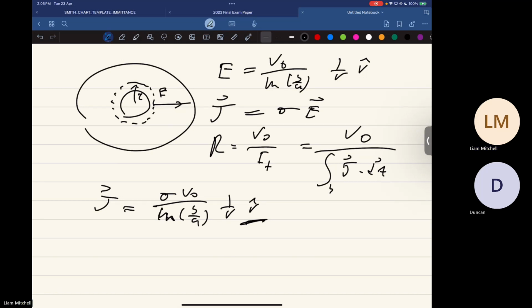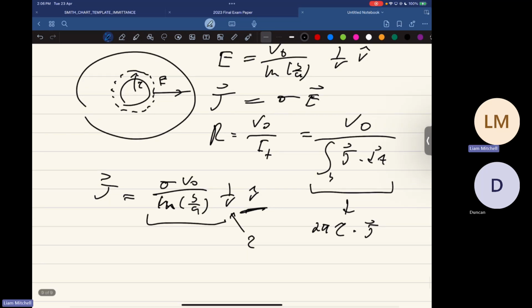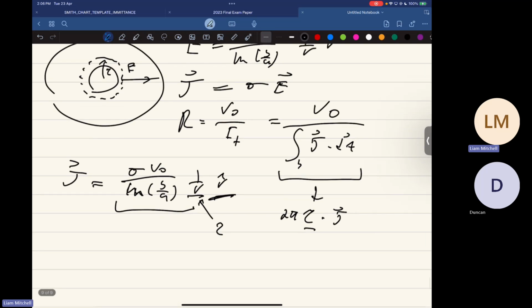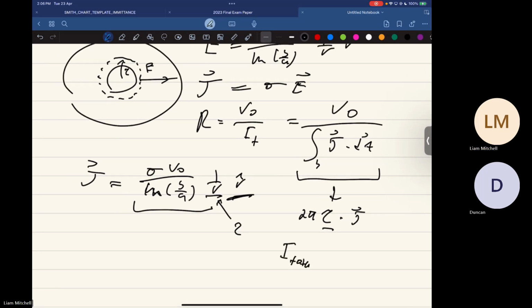That means that the integral is basically just going to be equal to 2 pi r times J, where r is now the radius of our surface. So the r's cancel out, and we get our total current, I total, is sigma v naught times 2 pi over ln b on a.